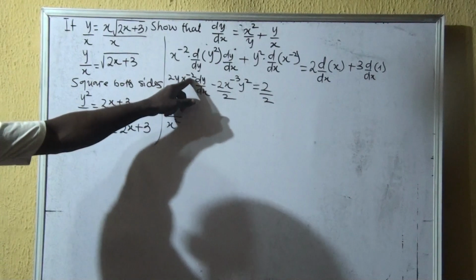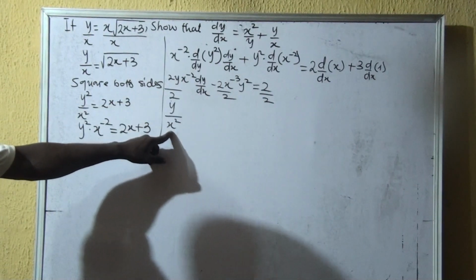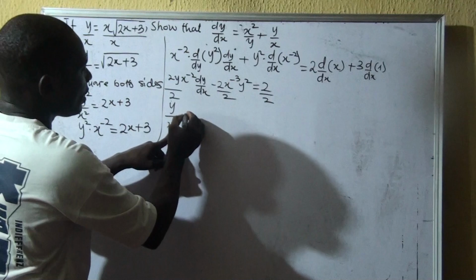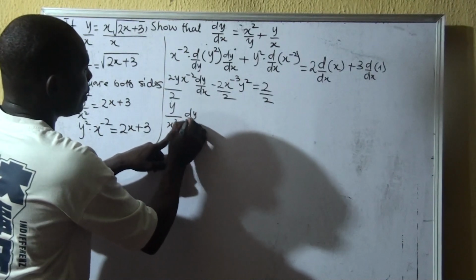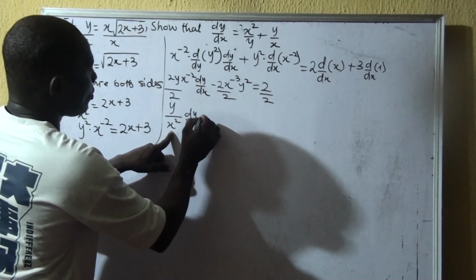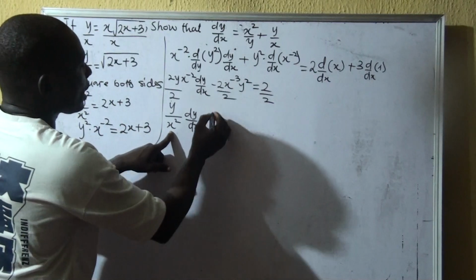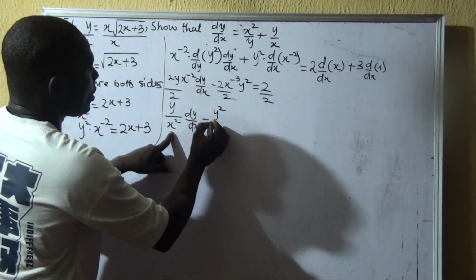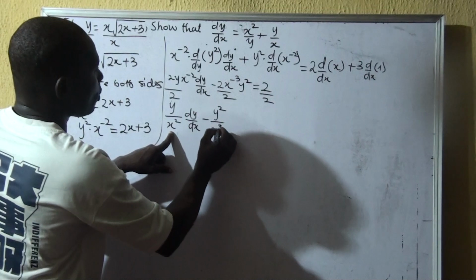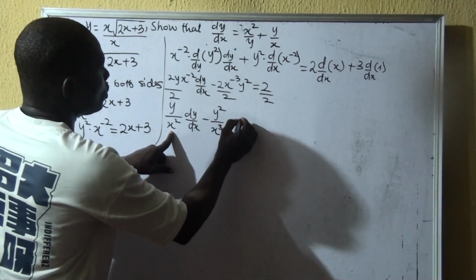So we can change this from negative indices. So here, remember you have the dy/dx minus, and this can also be written as y squared divided by x raised to power 3 is equal to 1.